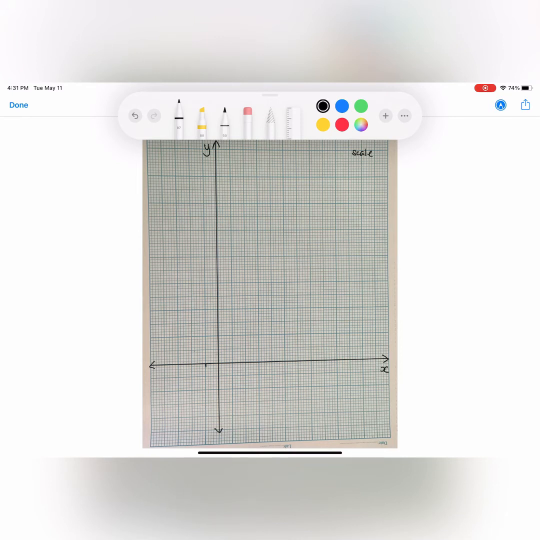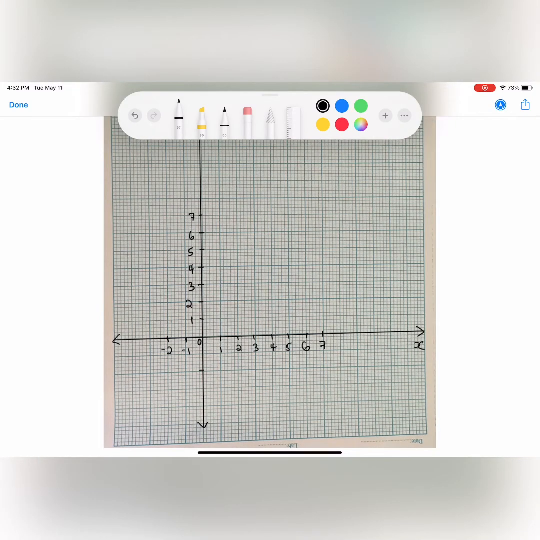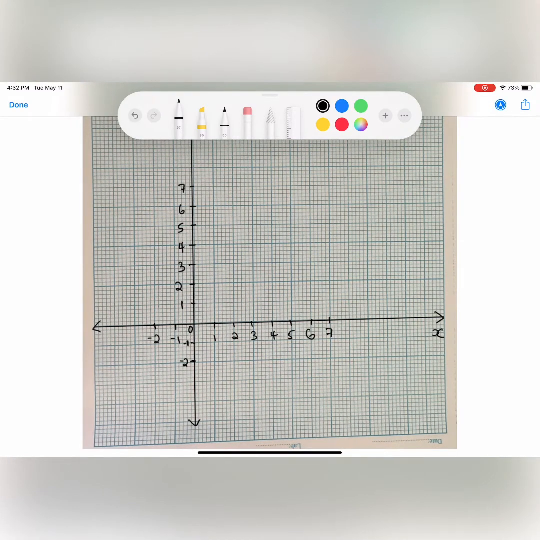I'm labeling them x and y. My scale is 1 centimeter to represent 1 unit on both axes, and we are going between -2 to +7 on both of them. So you take your time and you fill it in and you start plotting the points.